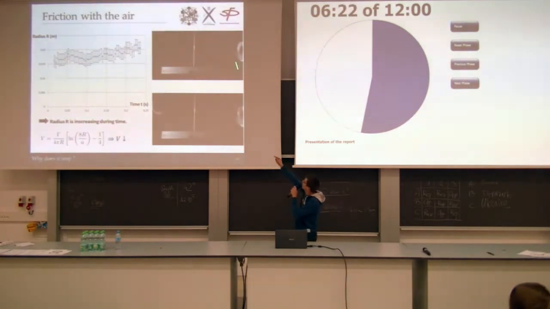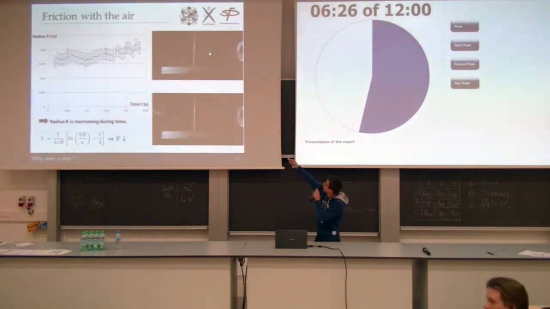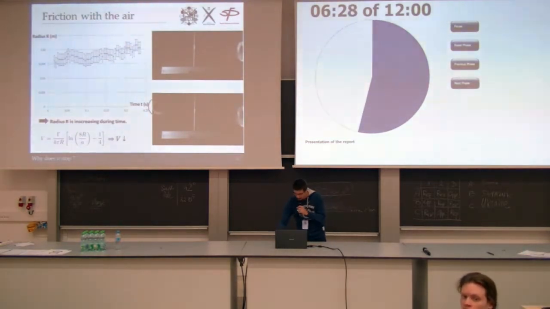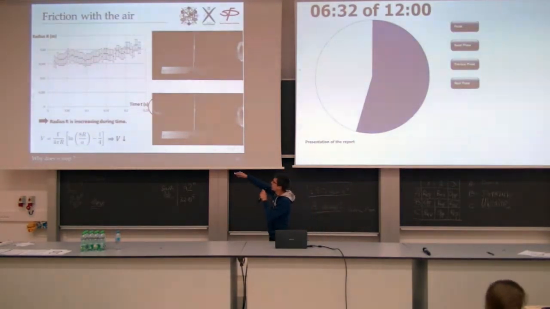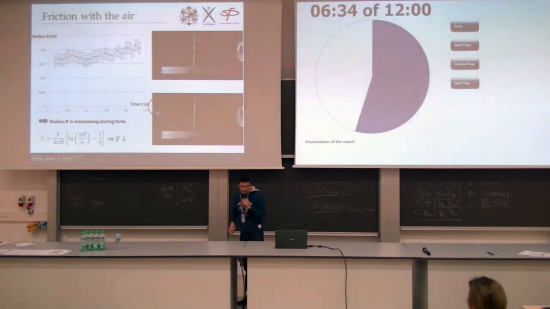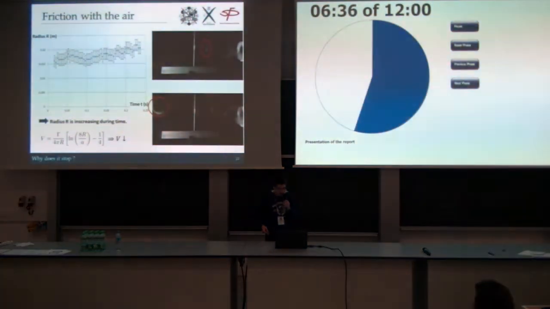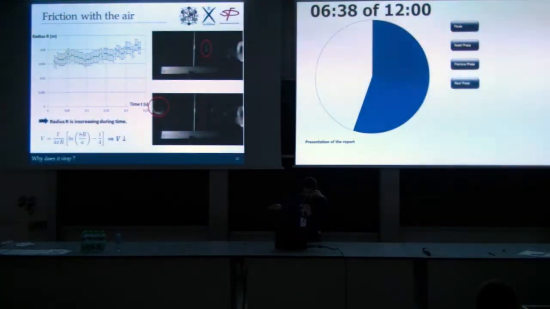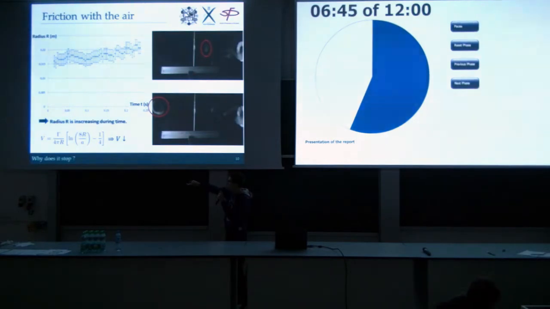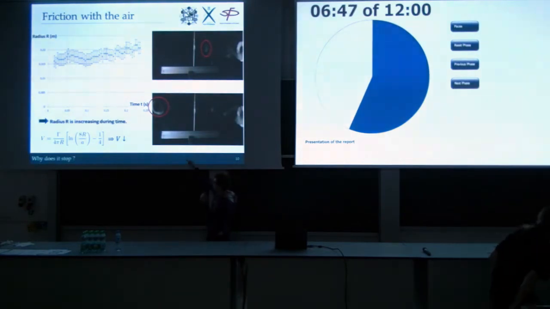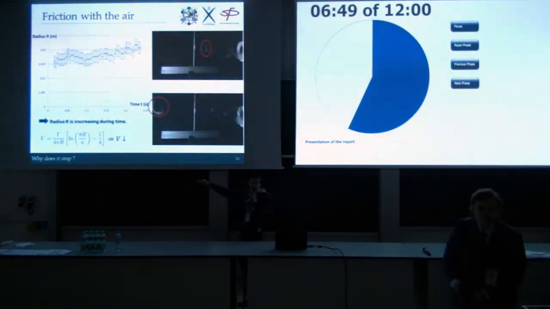If we take two photographs, one at the beginning, we have this radius, and at the end, we have this radius. As the experimental data shows, the big radius R is increasing. And if we have a close look again at this expression, we can see that if the big radius is increasing, it makes the velocity decrease.